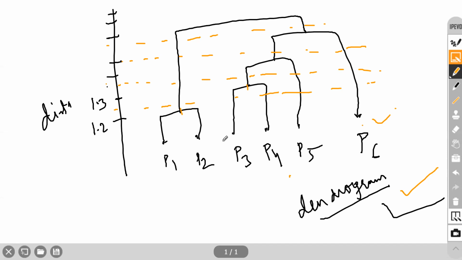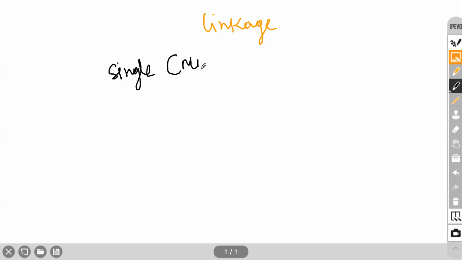Now the linkage method, because the linkage method may be an important way to deal with this. So this is done. Let's go to a new page. Now, linkage method. There is something called single linkage, which is also called minimum.